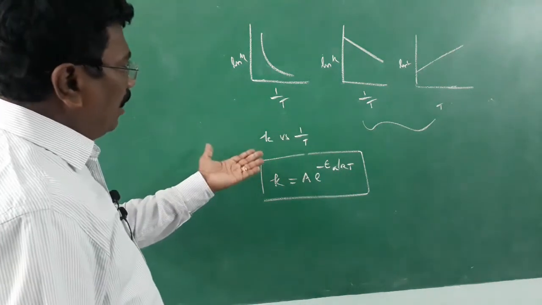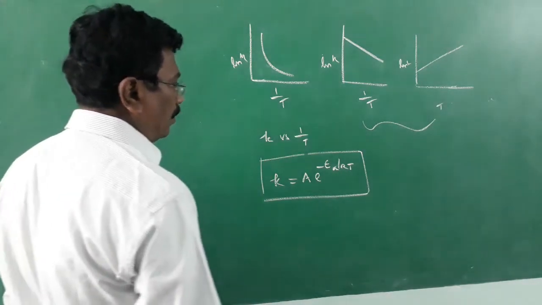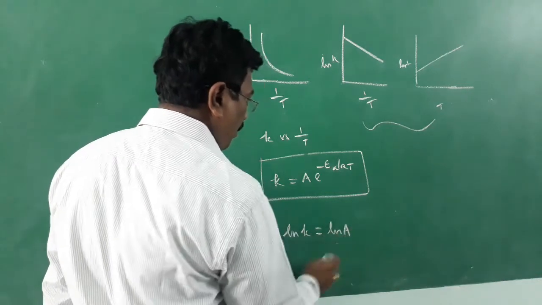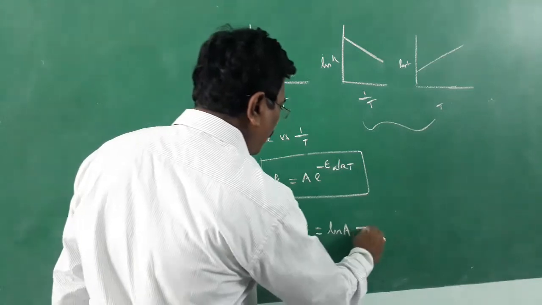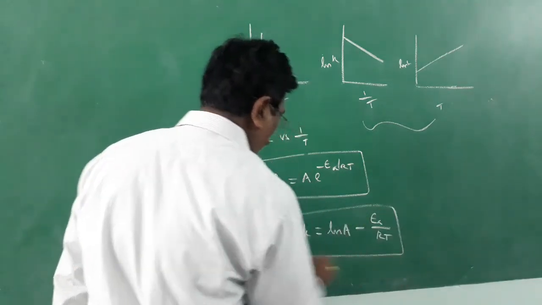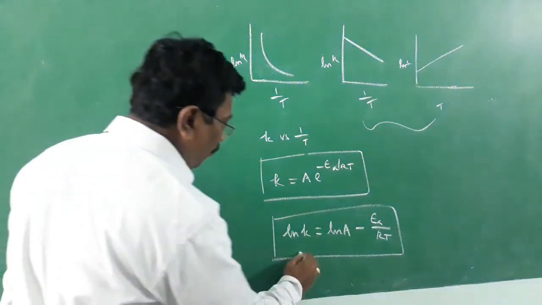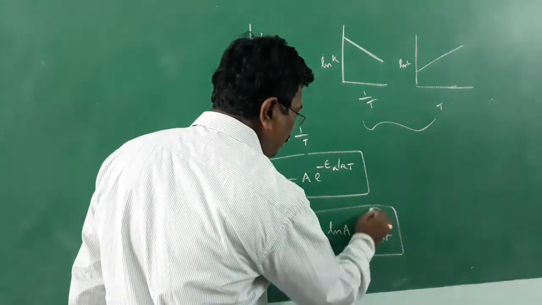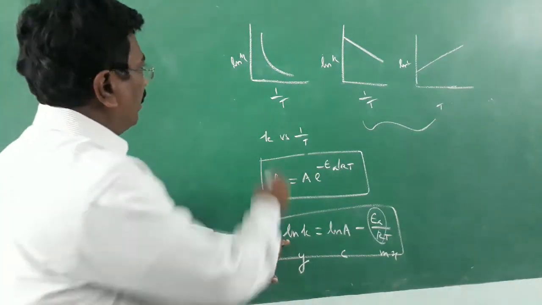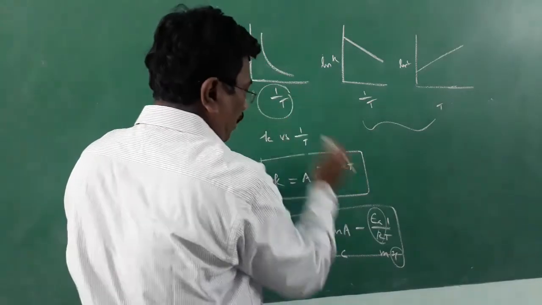Let us take logarithm on both sides. ln K is equal to ln A minus Ea by RT. This is the natural logarithmic equation. It is of the form y is equal to mx plus c, where y is ln k and x is 1 by T.